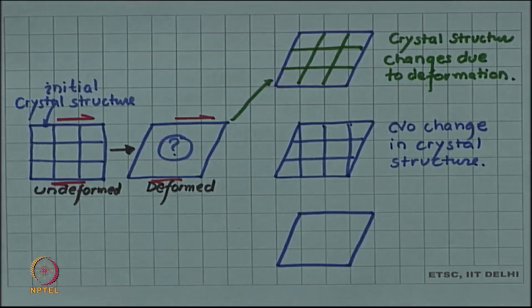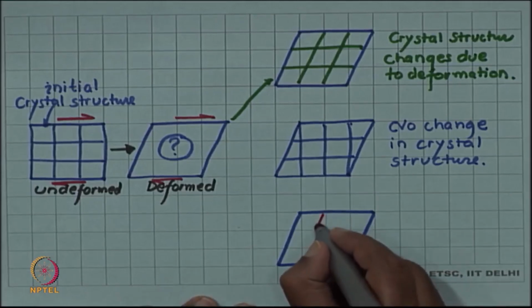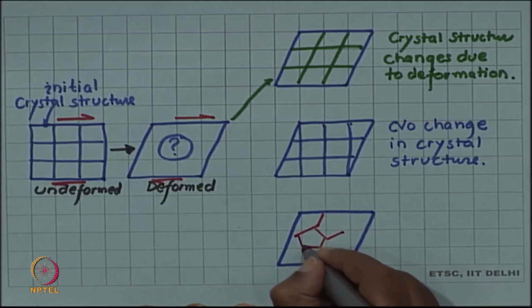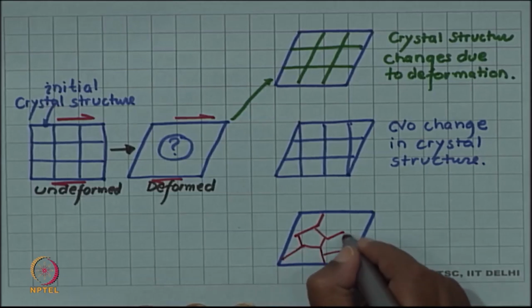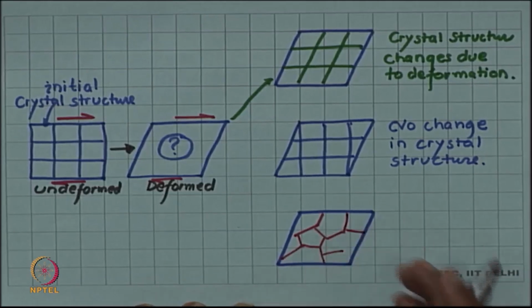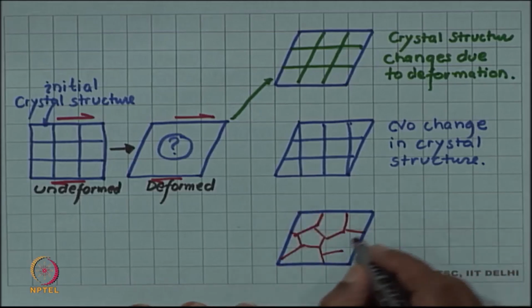Yet another option we may think is that the deformation can be quite aggressive in certain cases, and due to plastic deformation, the material actually breaks down, the internal structure breaks down and the crystal structure is lost. I am drawing this just to show that the unit cell has broken down and some sort of amorphous structure has evolved.